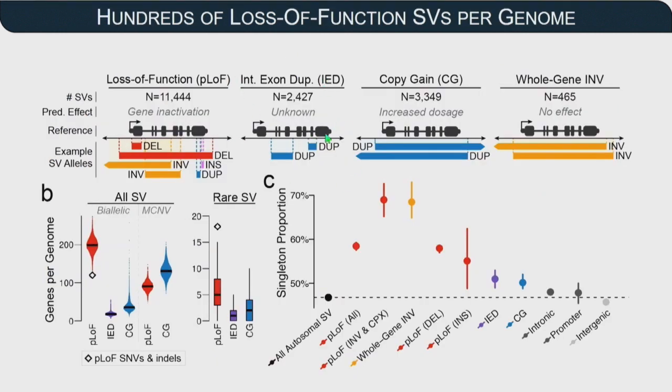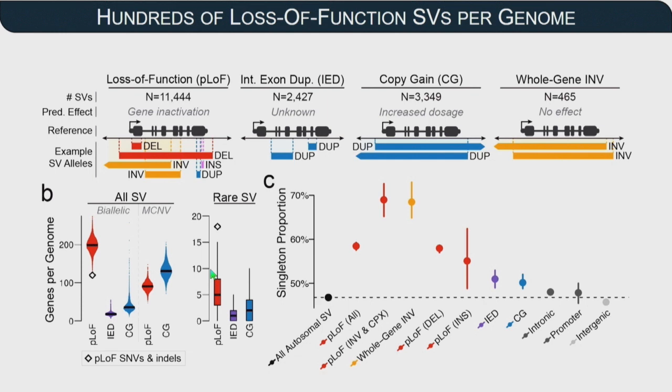Okay, I'm just going to zoom through this. Let's just focus on the loss of function variants in the genome: we have about 200 from structural variation that we weren't seeing before or weren't capturing when we were just looking at SNVs and indels. If you just look at this plot right here of predicted loss of function variants, this is what the SNVs and indels are, and this is what the structural variants are per genome.